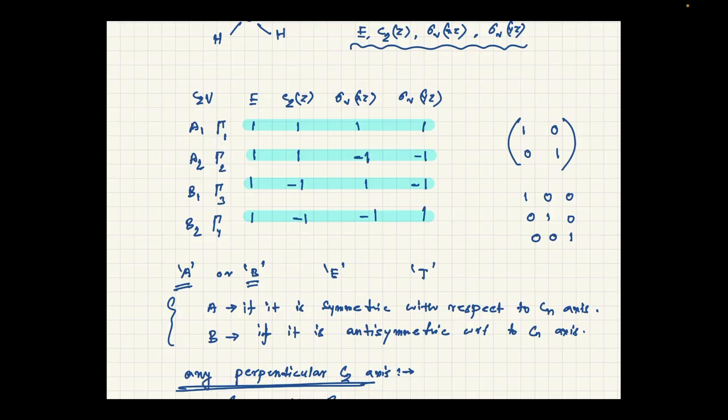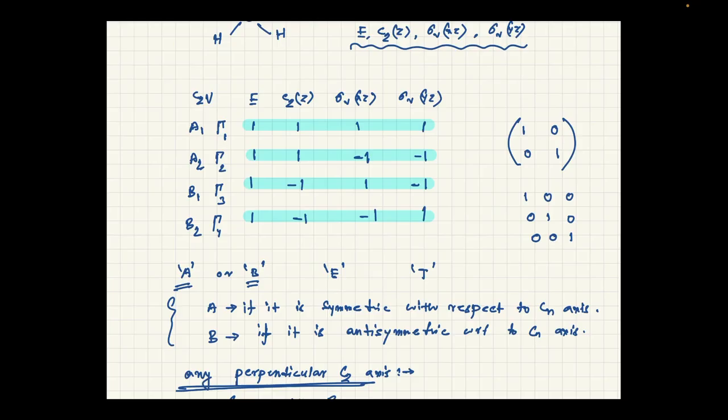And each individual representation, let's say gamma 1, gamma 2, gamma 3, gamma 4, is normalized, that means each vector is normalized. Each column is also normalized, and the sum of the squares of the characters of the identity elements defines the order of the group. And the number of classes will be equal to the number of irreducible representations.